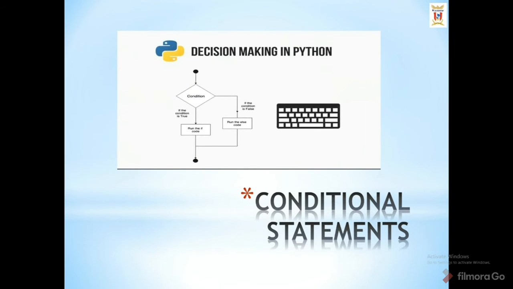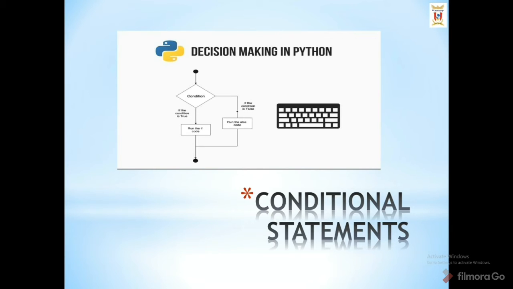The next topic is conditional statements. In our daily life, we come across various situations where we have to take decisions and take actions accordingly. So let's take one example: if the weather is clear, then you will go out and call your friends to play.